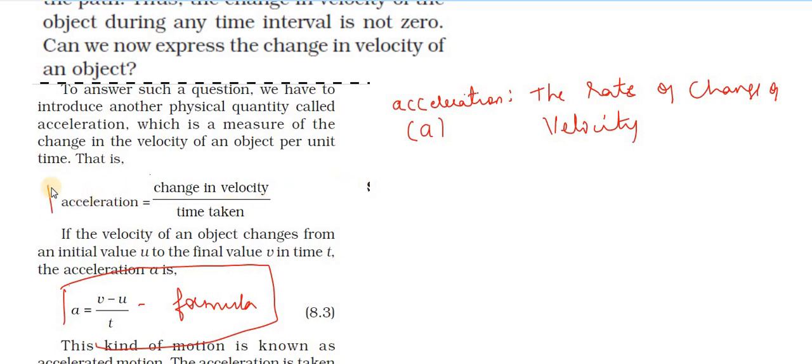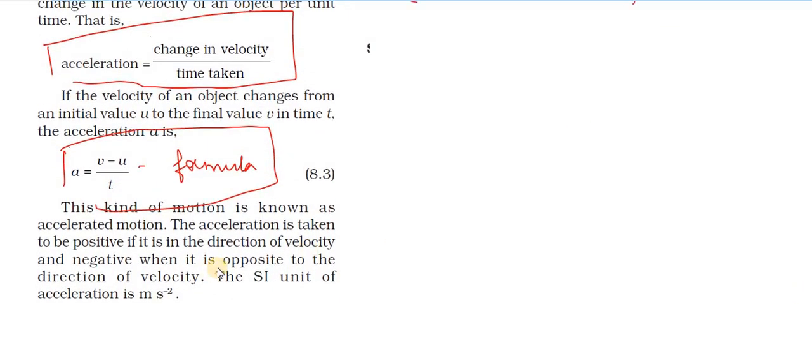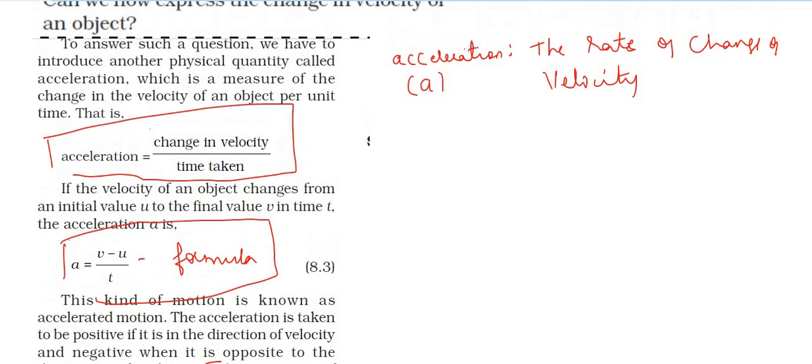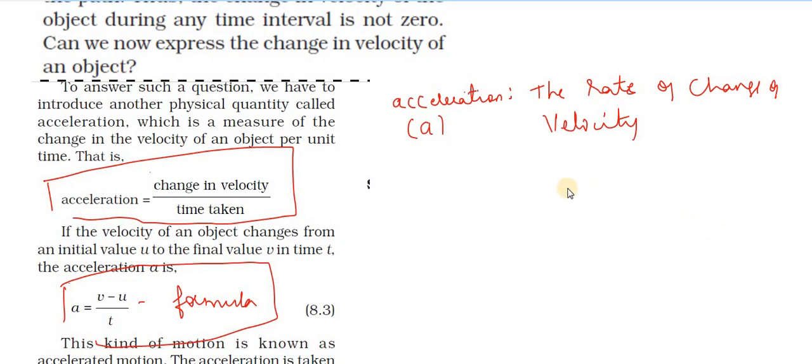You can write this also: acceleration is equal to change in velocity by time taken. The SI unit of acceleration is meter per second square. I hope all of you understood this.